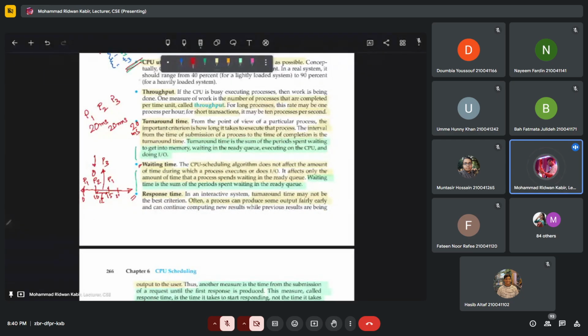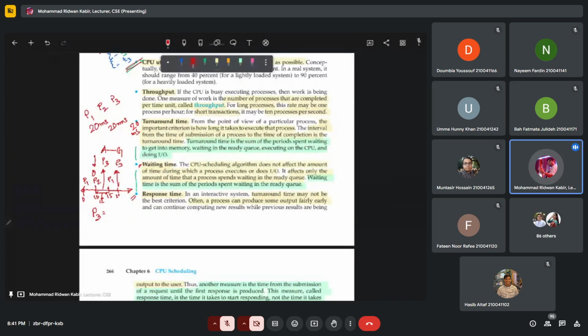If process P3 arrived at time 12, it gets the CPU at 20. So P3 arrives and gets the CPU at this time duration. So during this time, P3 had to wait, right?